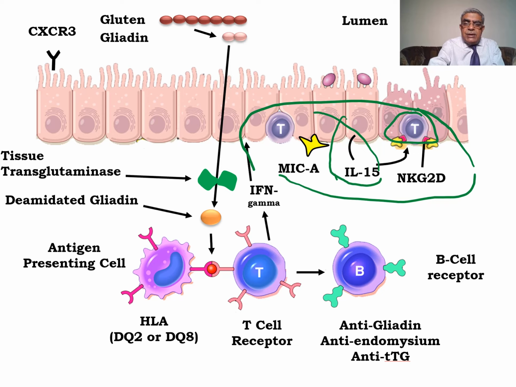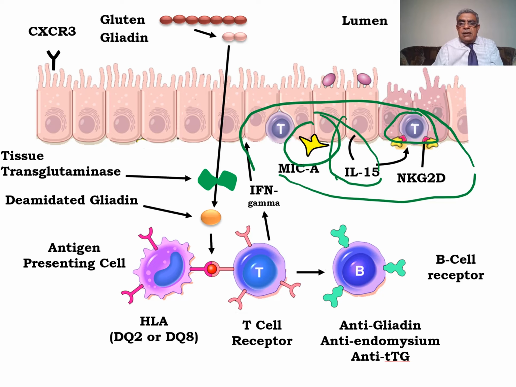Moreover, enterocytes express a receptor, which is MIC-A, and it acts as a ligand for NKG2D. Okay, so ultimately there is destruction of the enterocytes by these activated intraepithelial lymphocytes. So more and more gliadin comes to the site of the lamina propria.